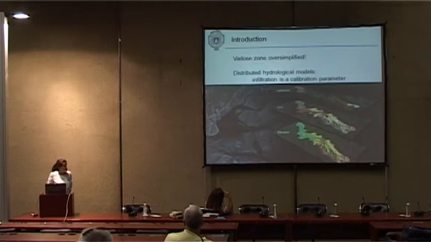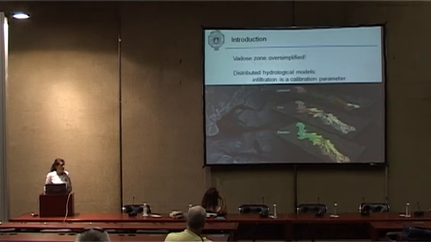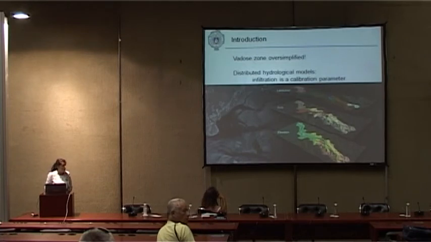These models do rely on a large number of parameters, one of which is the infiltration. Infiltration happens in the uppermost layer of the soil. It is a transition from the unsaturated to saturated flow. It is also a connection between surface and groundwater.